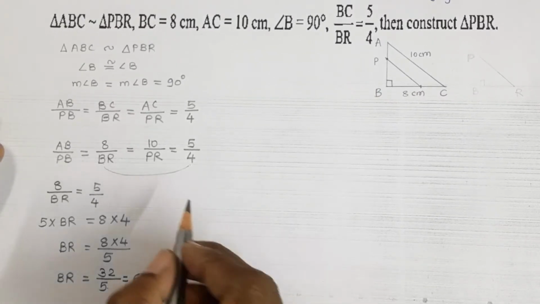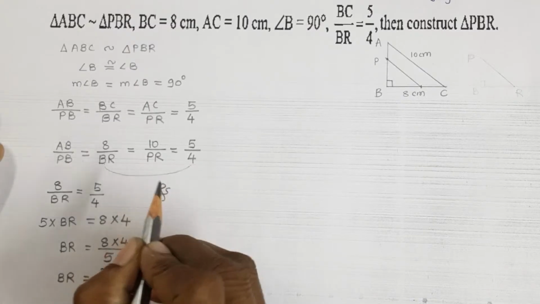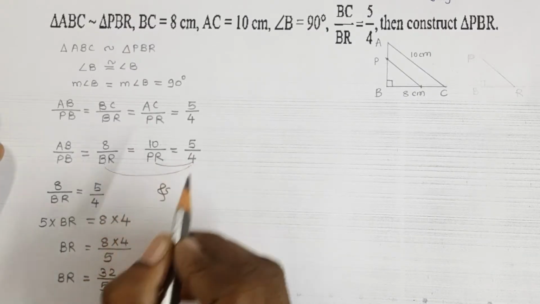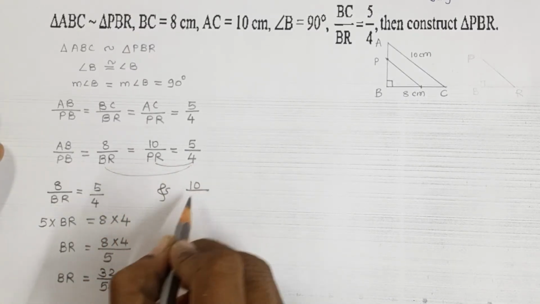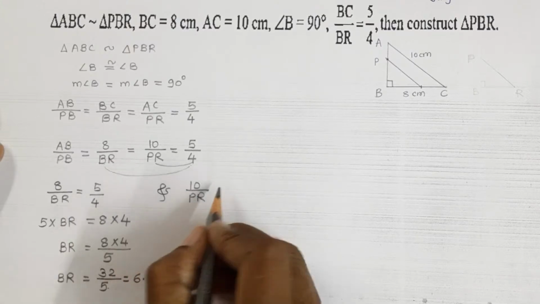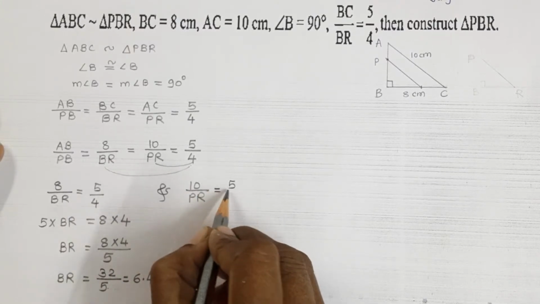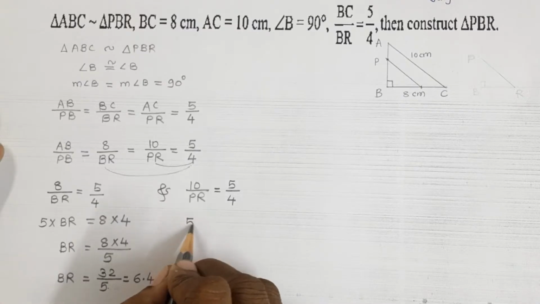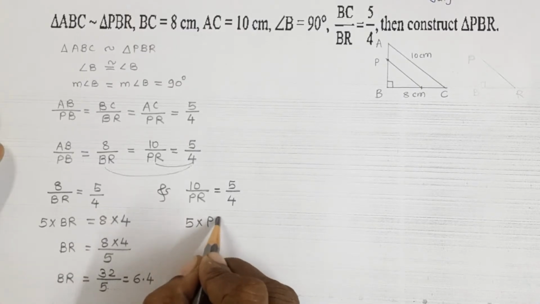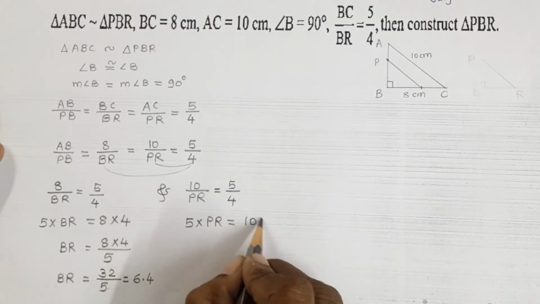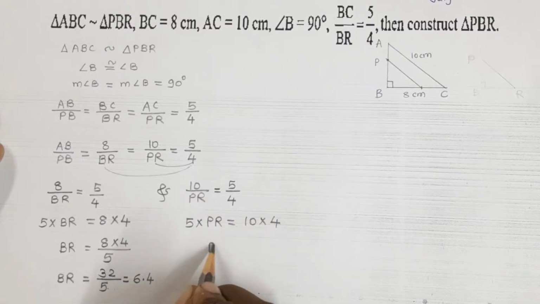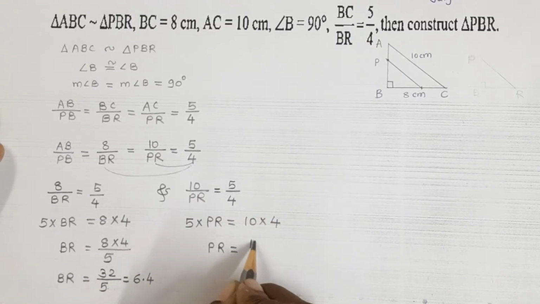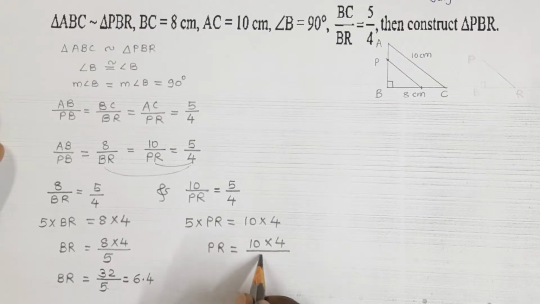Okay students, and then I take these two ratios, 10 upon PR is equal to 5 upon 4 students. So here by cross multiplication 5 multiply PR is equal to 10 multiply 4. So PR is equal to 10 multiply 4 divided by 5.